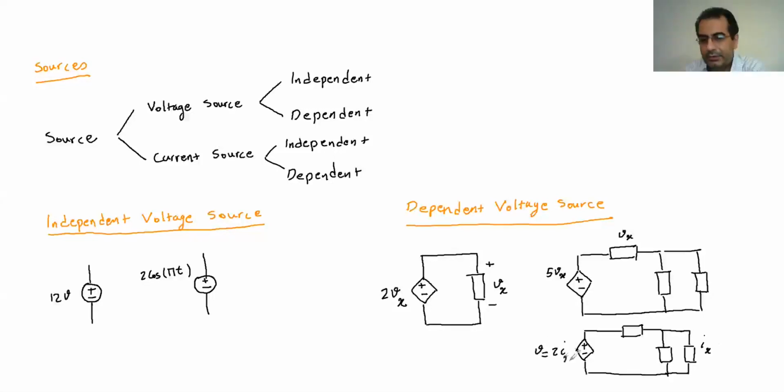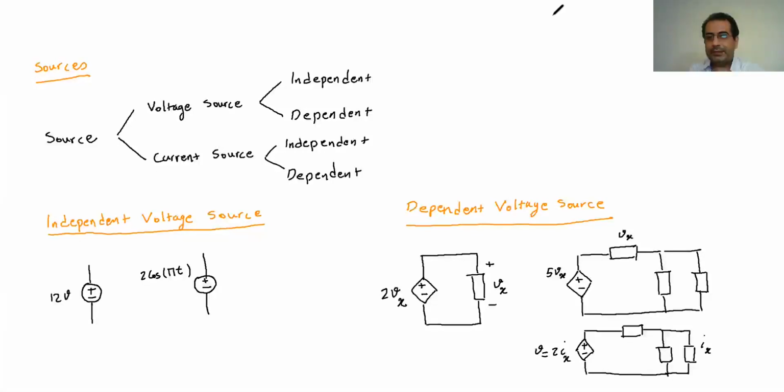So still it is the dependent voltage source, but rather than depending on the voltage in another element, it can depend on the current in another element. So it can be both ways. This voltage might depend on the voltage, or the voltage might depend on the current in another element.